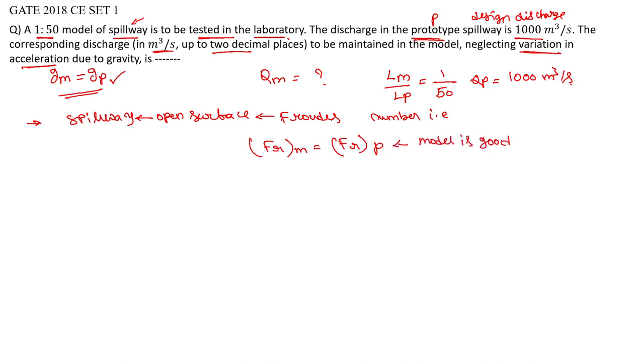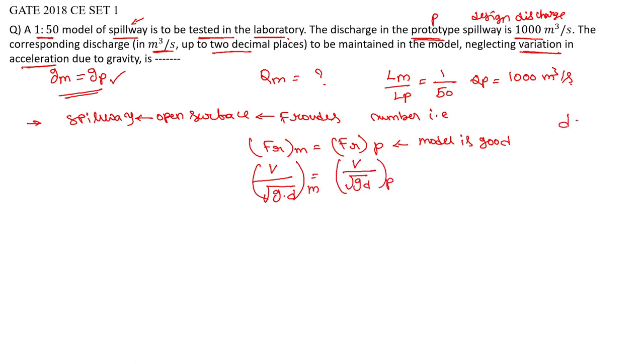Okay, so let's see what the Froude number is. How can we write it? Velocity divided by root of acceleration due to gravity into d. This is for the model, and this is again for the prototype.